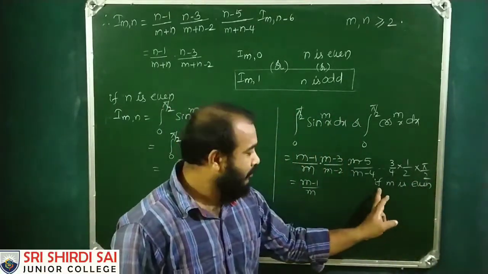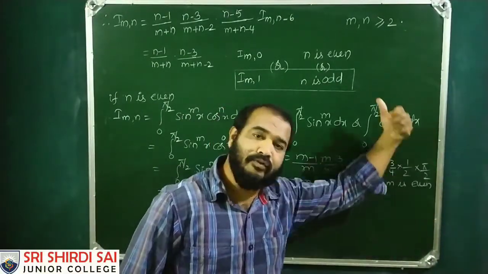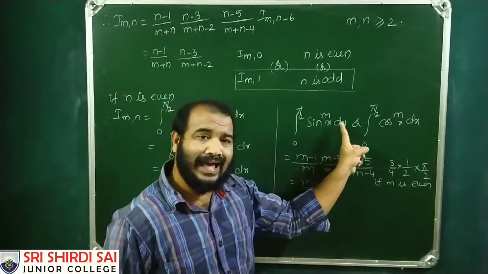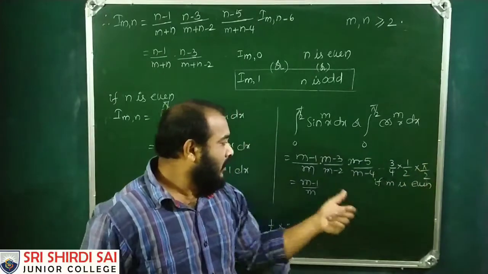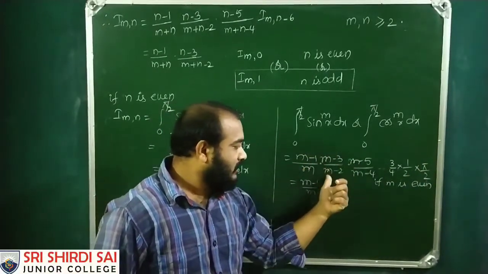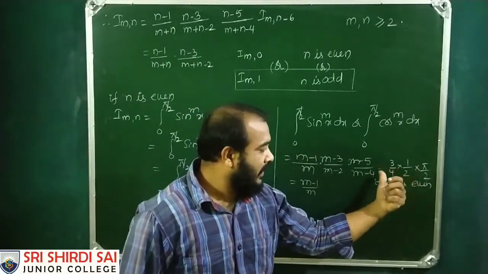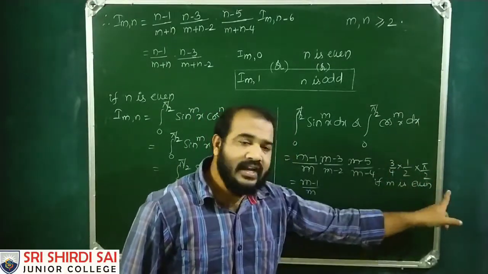Please, I am telling these things which we discussed before yesterday's class. Integral 0 to pi by 2 sine power nx dx or integral cos power nx dx: n minus 1 by n, n minus 3 by n minus 2, n minus 5 by n minus 4, etc., 3 by 4 into 1 by 2 into pi by 2 if n is even.